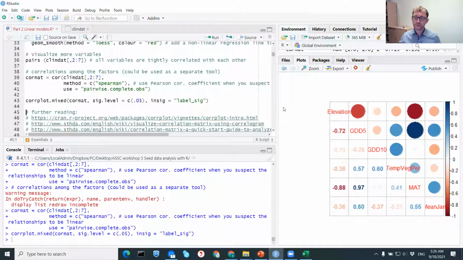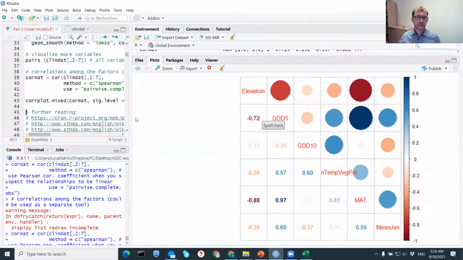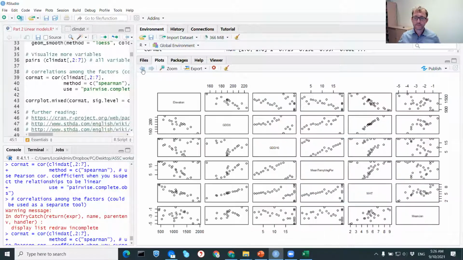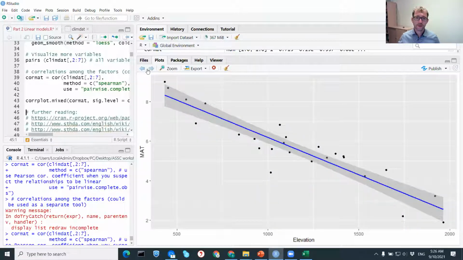So what I'm doing here, I'm calculating the correlation coefficient after Spearman between and among all my variables. And this is basically the very same thing we saw in this graph. So you can see that elevation and mean annual temperature are related strongly in a linear manner. Here you go.